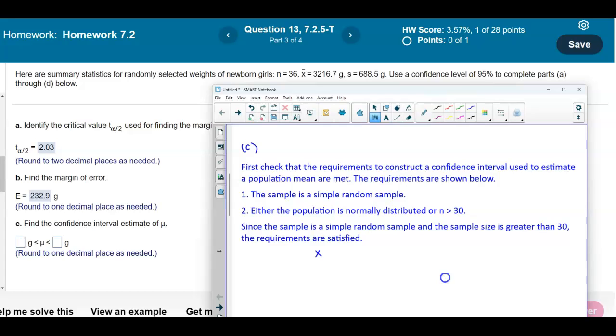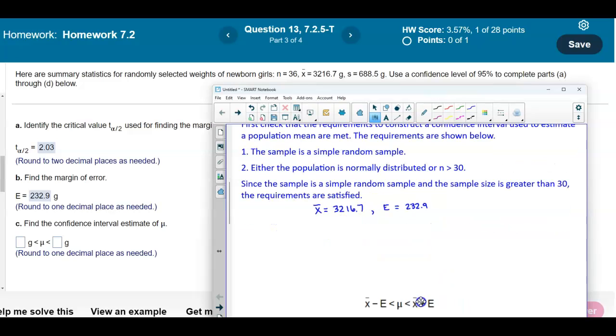Now we need to write down the given information. From the problem, we know that the sample mean is 3,216.7 grams, and we just determined that the margin of error is 232.9. Now we use this formula to find the confidence interval for the mean.